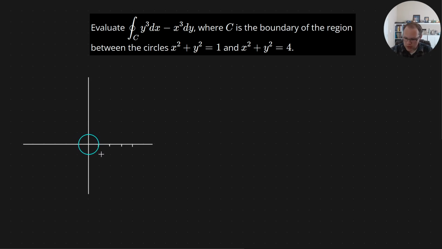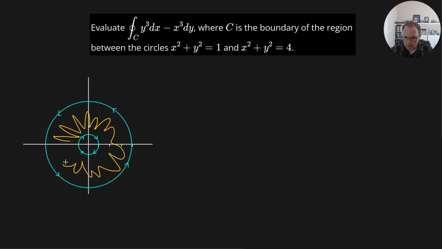Circle of radius 1, circle of radius 4. Okay, so C is the boundary. And the region itself is this region here. Okay?